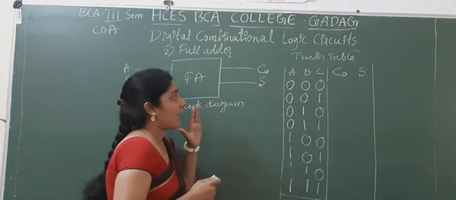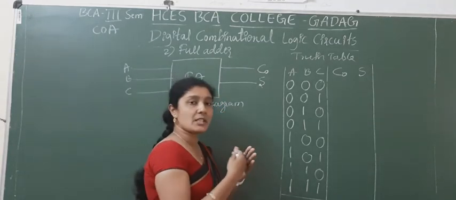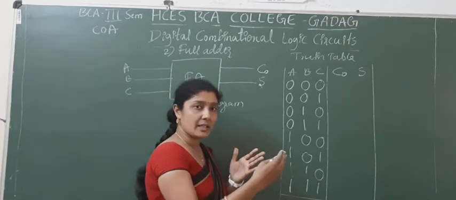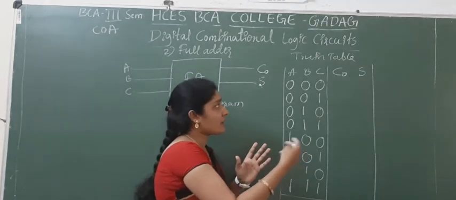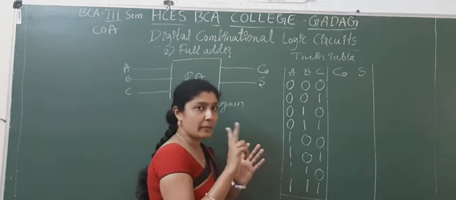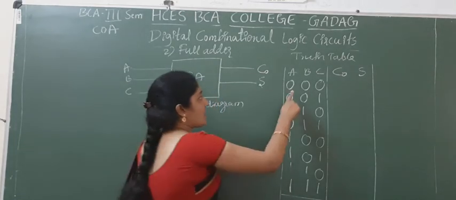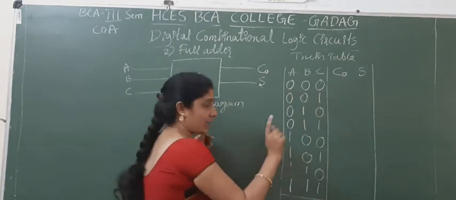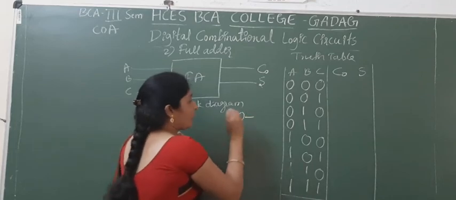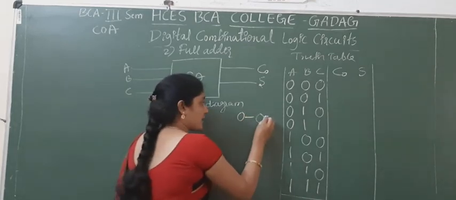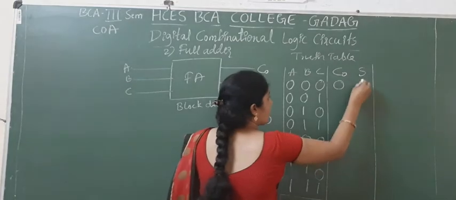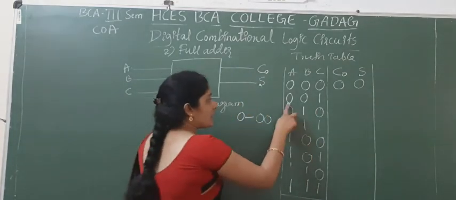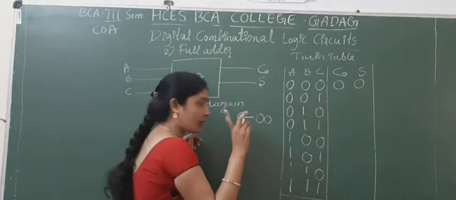Okay. Now, as usual, here we just have to add all the 3 bits, and we are supposed to write the result as a 2-bit binary combination. So 0 plus 0 plus 0, nothing but 0. How do you write 0 in 2-bit? 0, 0. So write 0, 0. Next, 0 plus 0 plus 1 is nothing but 1.